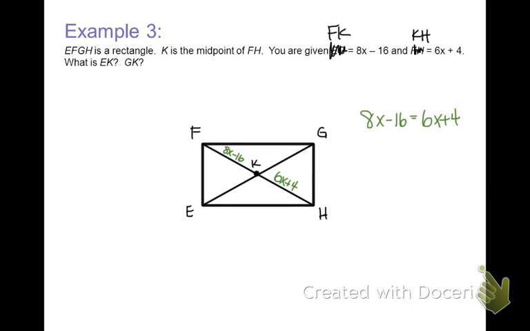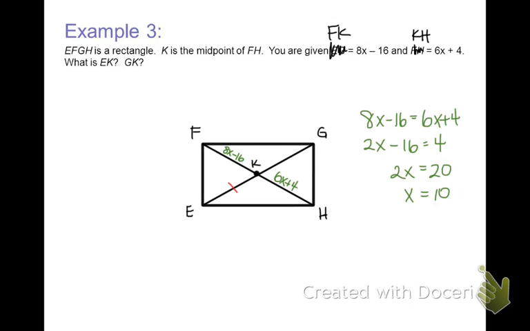So let's solve it. We get 8x minus 6x is 2x. And then add your 16 over. Divide by 2, you get x equals 10. How is this going to help us find EK?